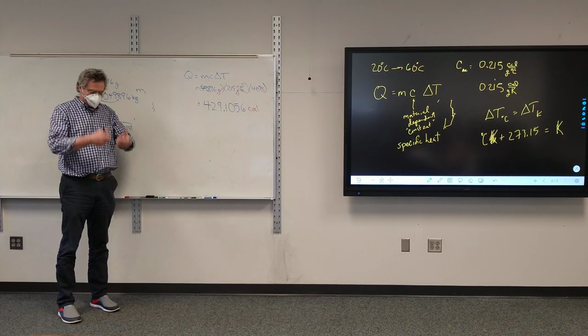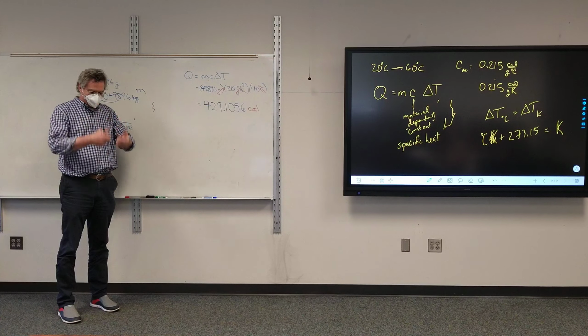All right, let's think about it in terms of joules. Since calories and joules are both units of energy, there's a conversion factor. I was looking around to see if I had the conversion factor written down here, and I'm not seeing it, but I do have the specific heat of aluminum in joules per gram Kelvin and in calories per gram Kelvin. So basically 0.215 calories is equal to 0.9 joules.